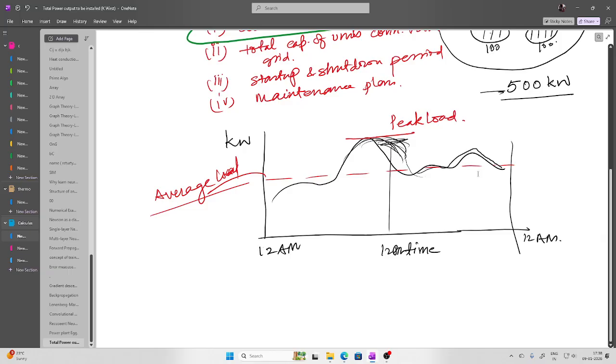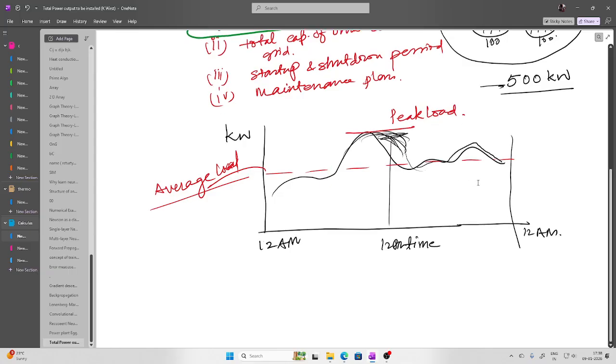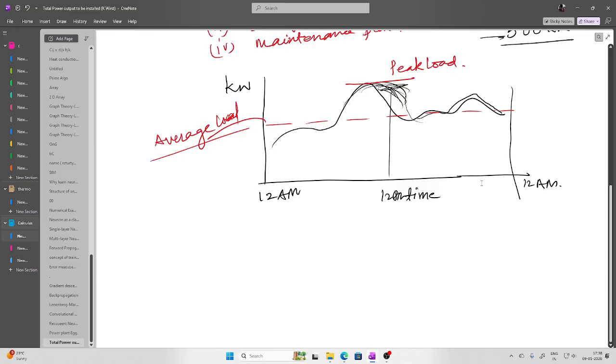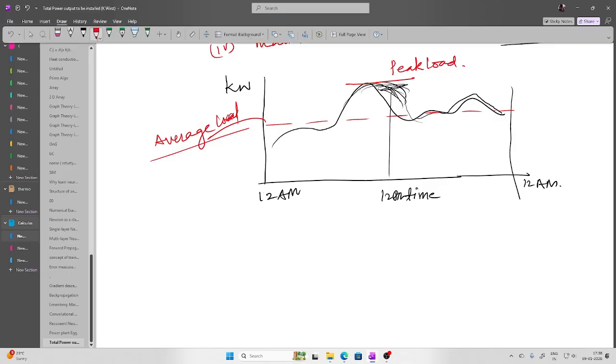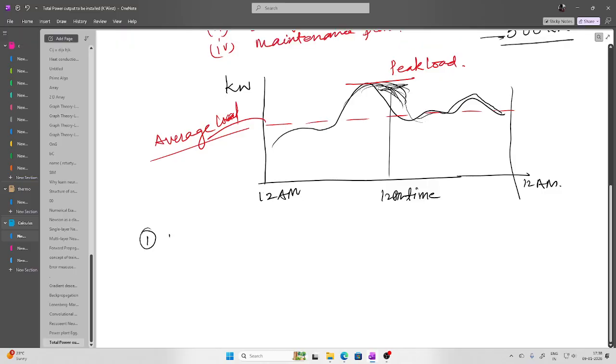Now once the load duration curve is ready, then how to study it? So there are several factors which help in studying or understanding the nature of demand.